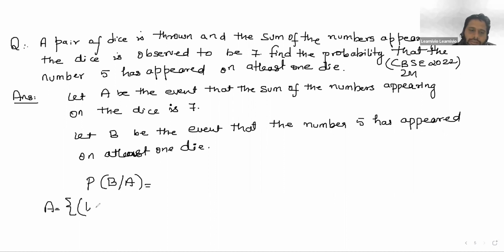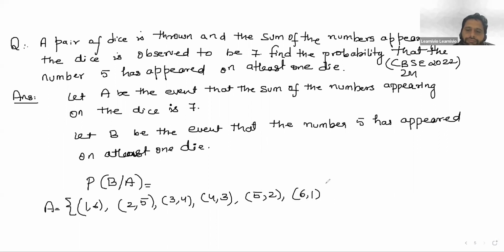So 7 means (1,6), (2,5), (3,4), (4,3), (5,2), (6,1). Okay, then B is what? B is the event that the number 5 has appeared on at least one die.